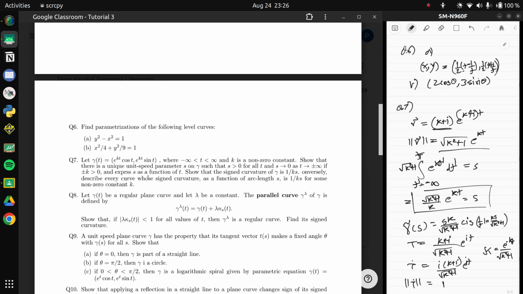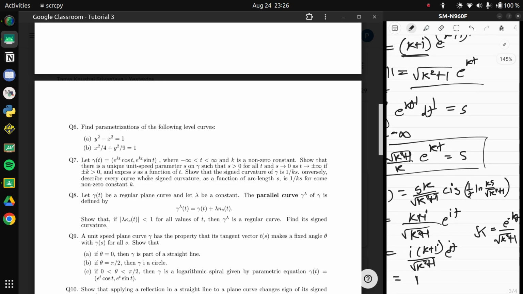Actually, you don't need the magnitude of T dot. You just need where the T thing is going. So just k plus i. We just want the phase of this, don't we?